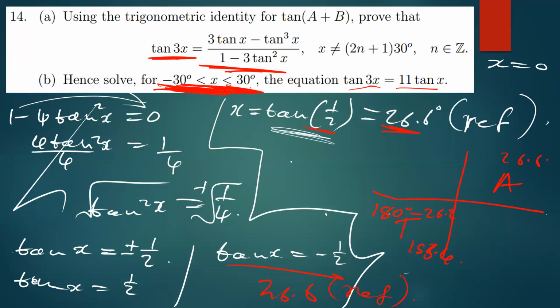In the third quadrant, we have to add, not subtract. So it's supposed to be 180 plus 26.6, and that is 206.6. So 206.6 is not part of our solution because it's out of the range that we have been given.